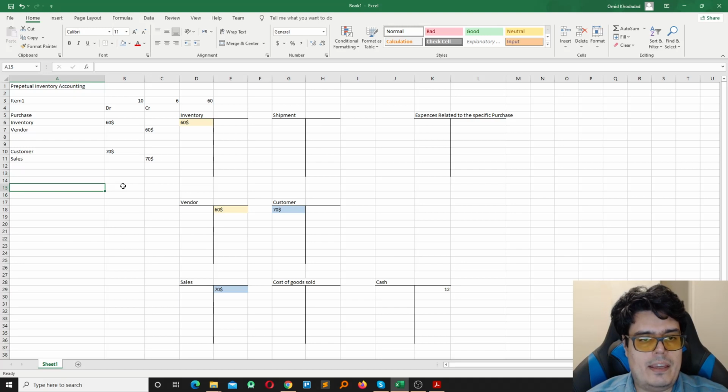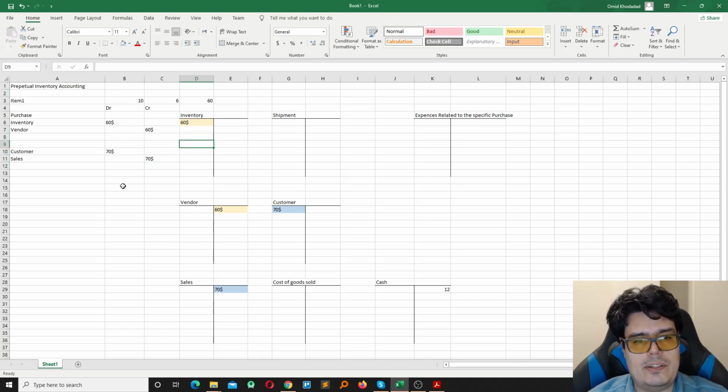As you can see, our inventory remains 60. As I said, in perpetual inventory accounting, we should reflect the change immediately when the financial transactions happen. And in this case, when we sell the item, something happened in our inventory.